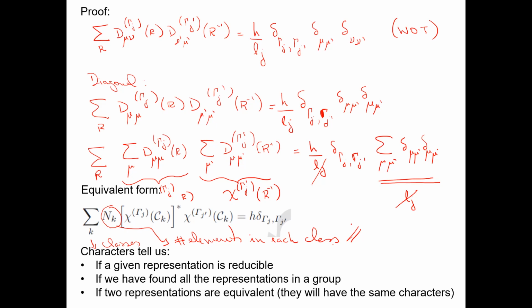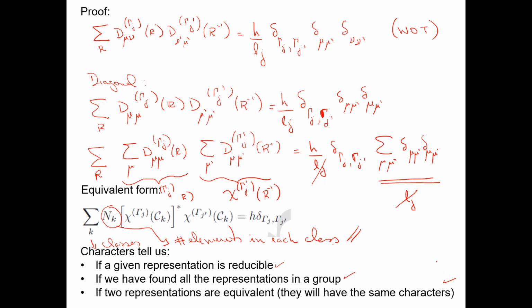This theorem is valid only for irreducible representations. It will tell us if we have found all the representations in a group. We're going to see this more clearly next lecture. And it will tell us if two representations are equivalent. If two representations are equivalent, they will have the same characters.